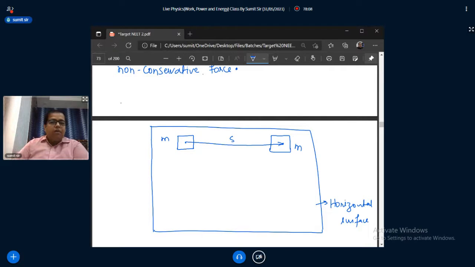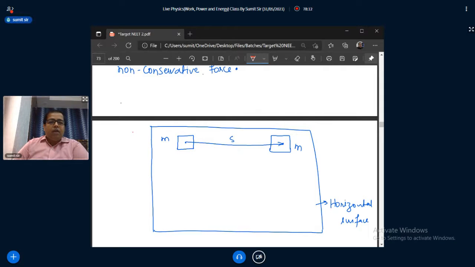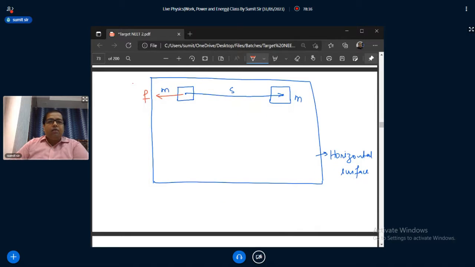So work done by friction, if you calculate, friction will act this way. So work done by friction from 1 to 2 is minus f into s.